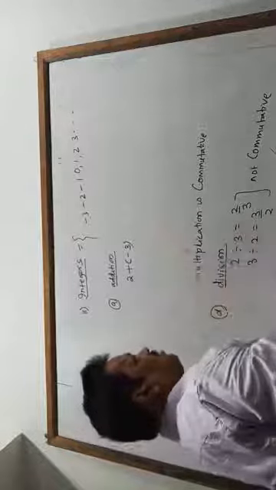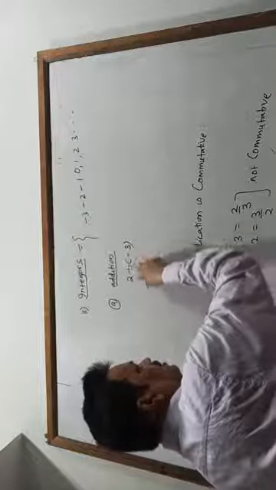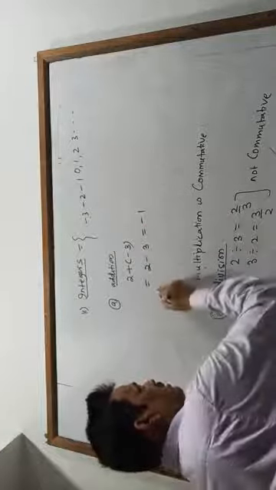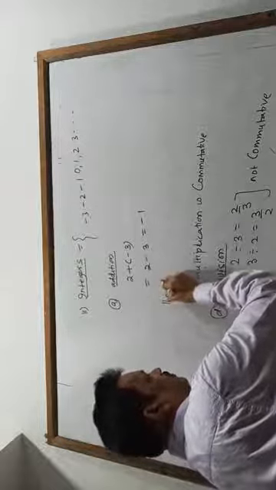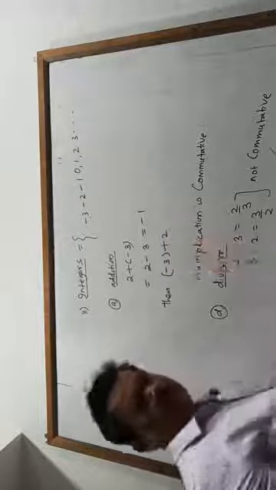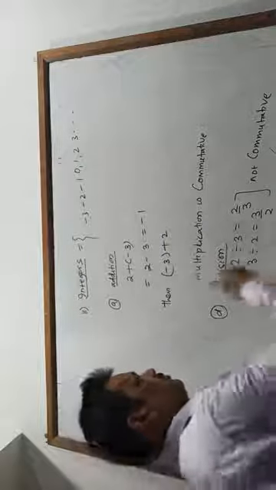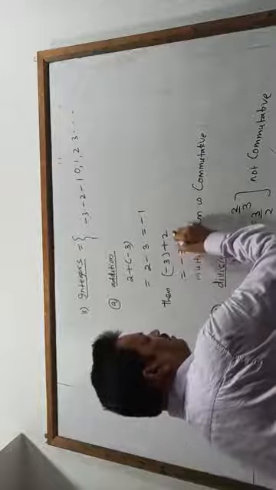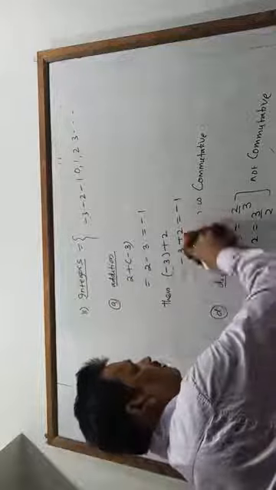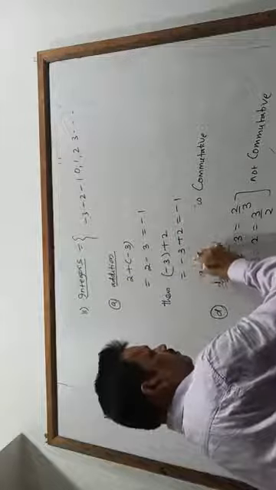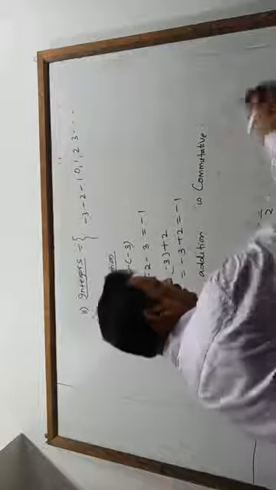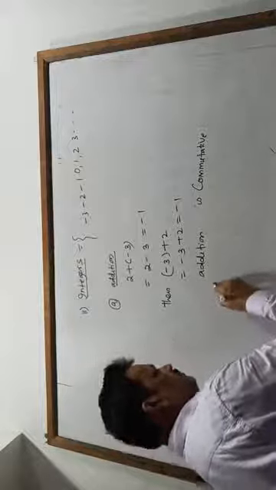So 2 plus minus 3 means minus 1. Then what is minus 3 plus 2? That is also minus 1. So addition is commutative.